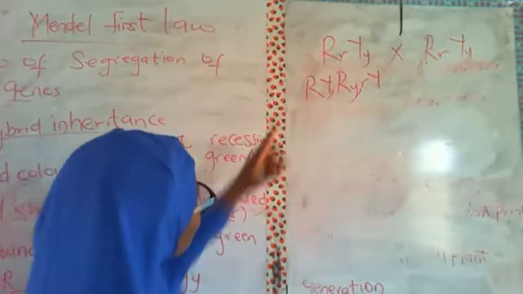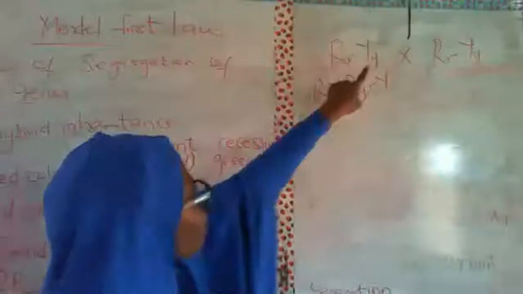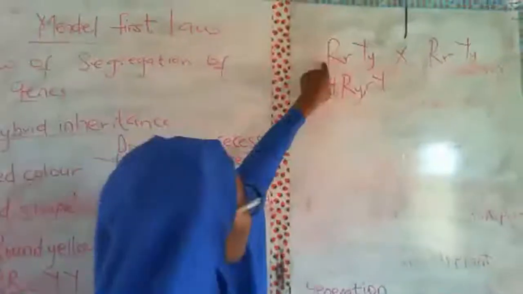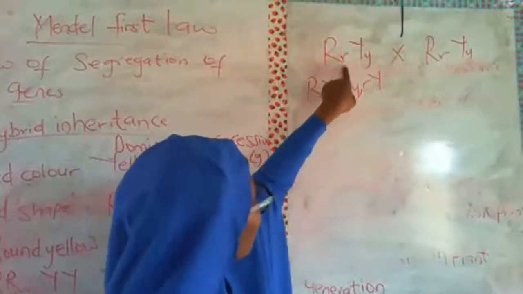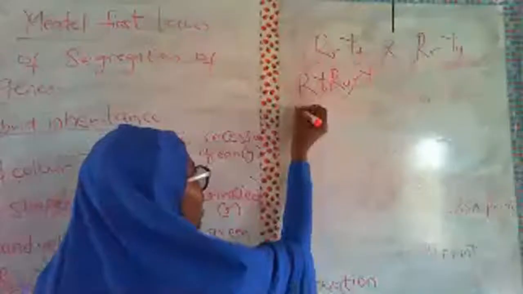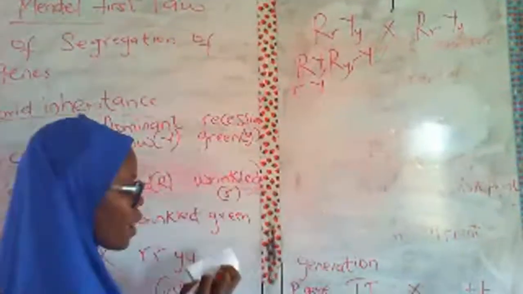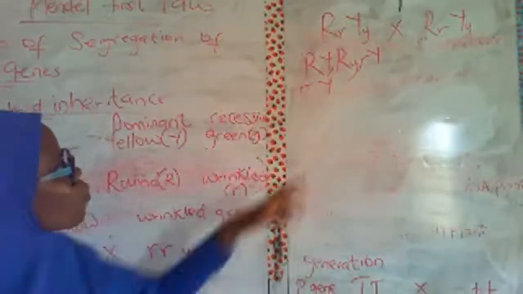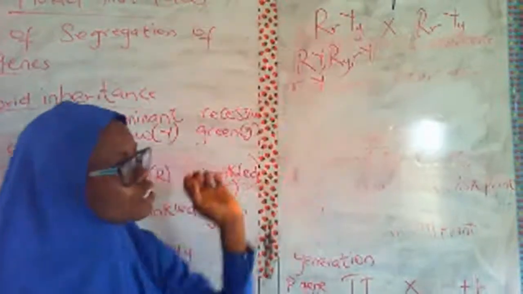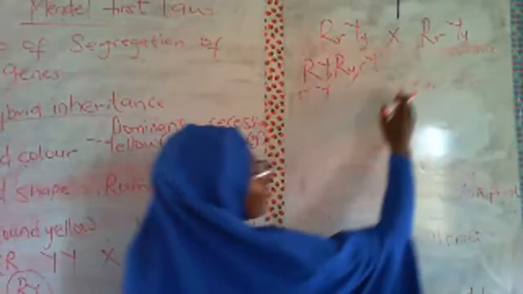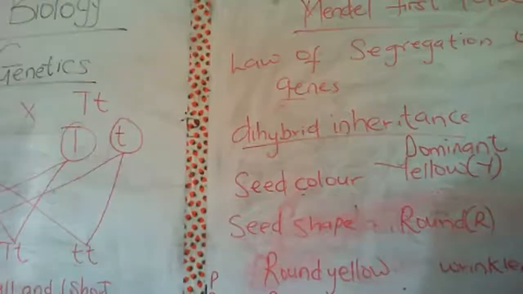Then remains one: capital letter R, capital letter Y, capital letter R, small letter y, then small letter r, capital letter Y. Meaning that each of them can match with any of the other genes. So also like this one, it is the same for the man and also the same for the woman.